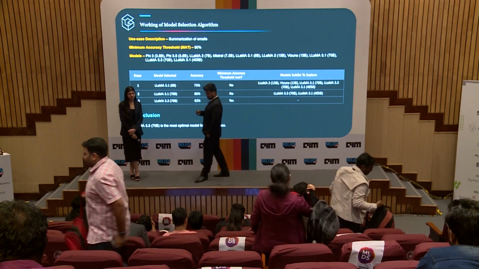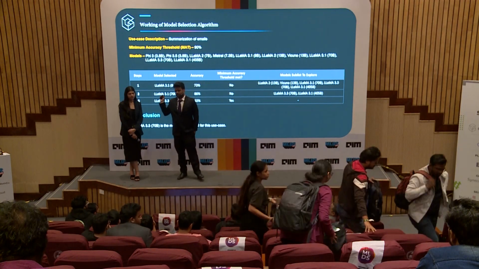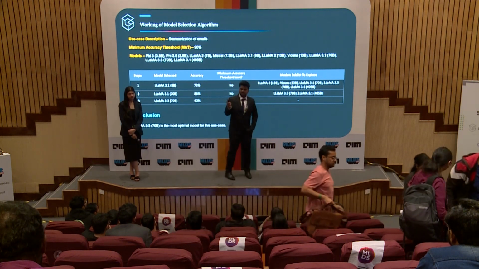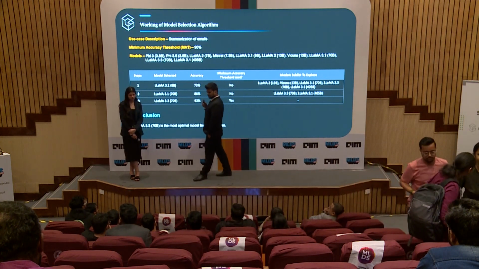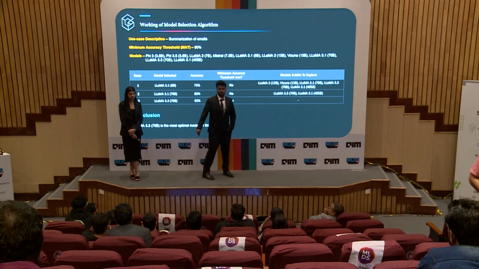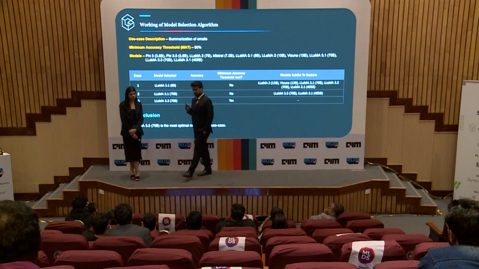Now that raises the question of why did we go for the open source model in the first place? Why not directly go for the OpenAI O1? That is charging $15 per million tokens for input and $60 per million tokens for output. Directly deploying O1 in the solution might not be the best possible solution.